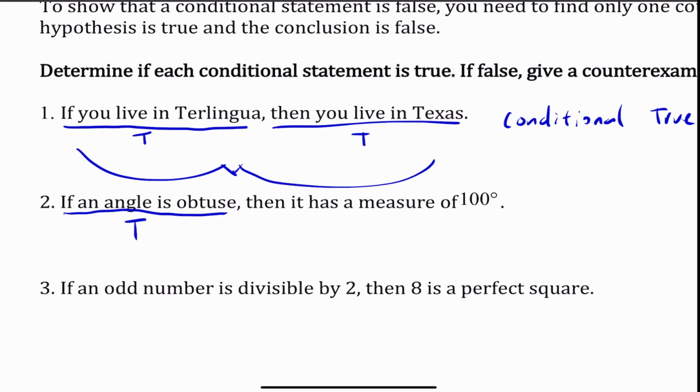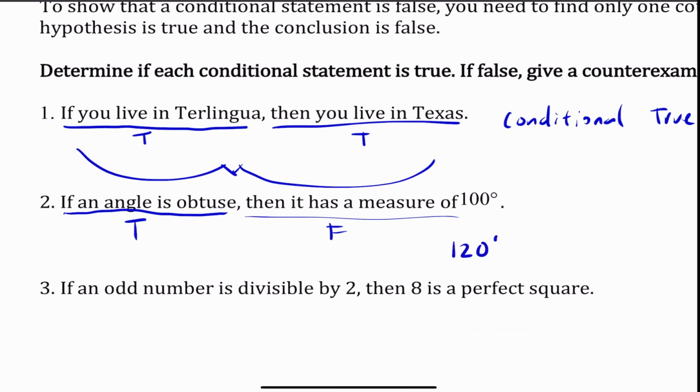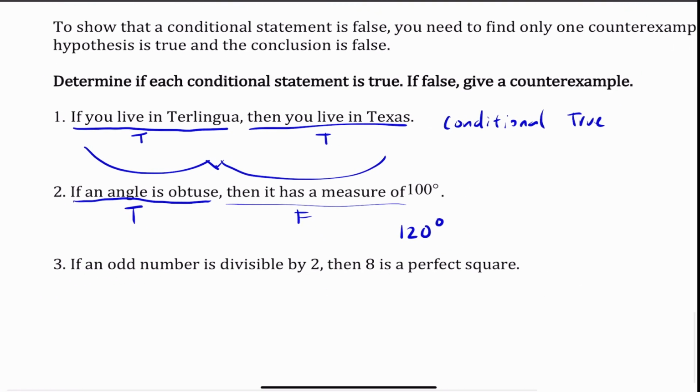Well, no, because I can provide a counterexample. An obtuse angle in general is above 90 degrees. So I can say 120 degrees. That's a counterexample. If an angle is obtuse, it can also be 120 degrees. Or it can be 135, or it can be 175, right?